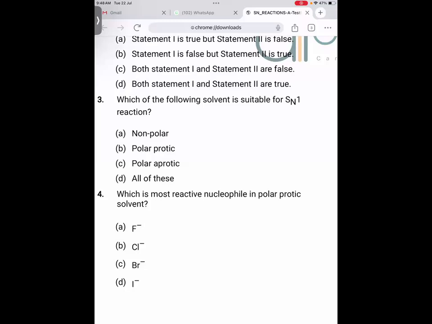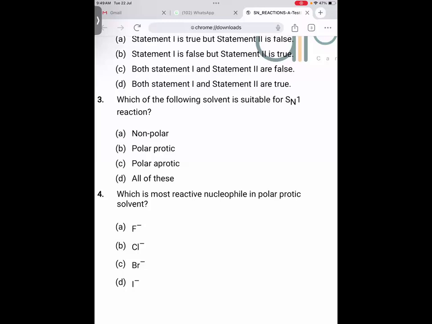The nucleophilicity of fluoride is more in polar aprotic solvent than in others. So the answer is I minus in polar protic solvent, F minus in polar aprotic solvent. Okay, so the answer is D.